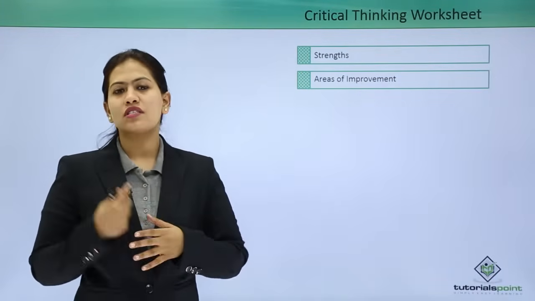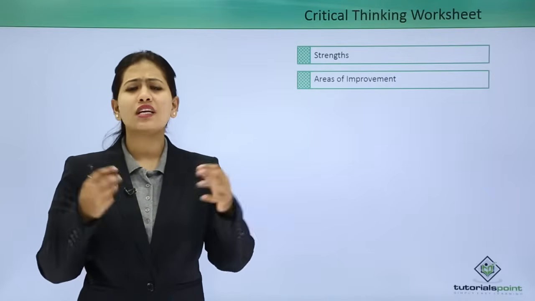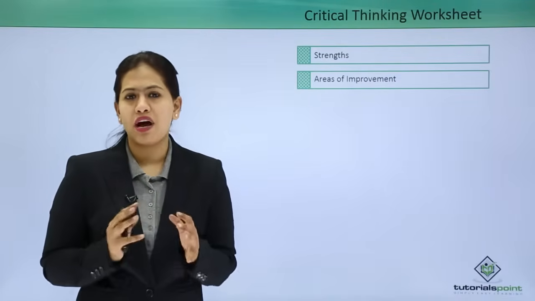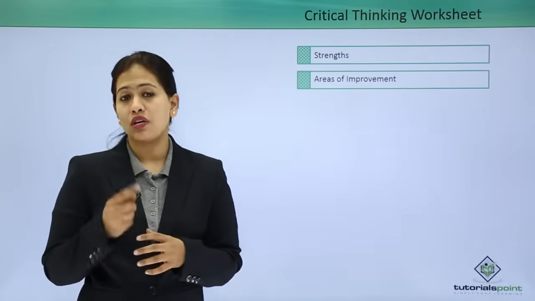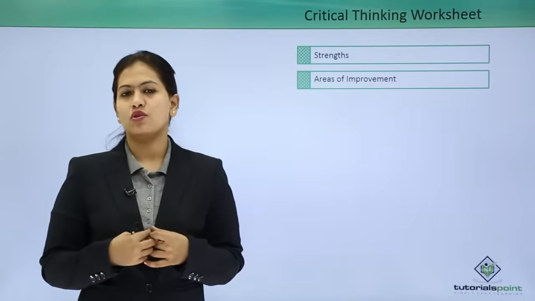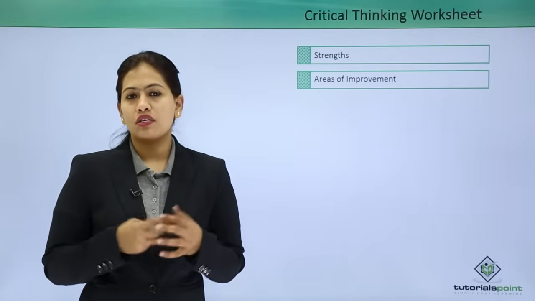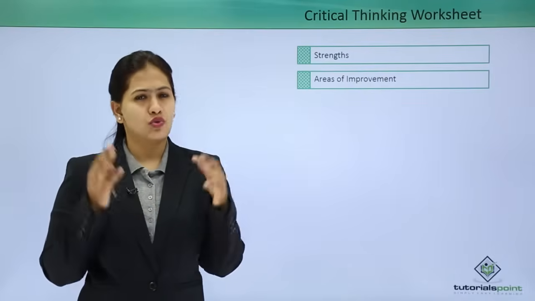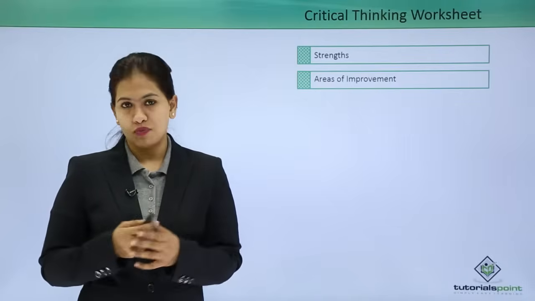And then moving on to understand areas of development, it could be self introspection. That is, each time I perform this task, I'm very bad at time, or probably I'm not able to manage time, then yes, time management is your area of improvement that you have to work on. Or if you've been given feedback casually by your parents or by your teachers, your school authorities, or maybe by your manager, that you have to really work on your discipline and punctuality, then yes, that's your area of improvement to work on.